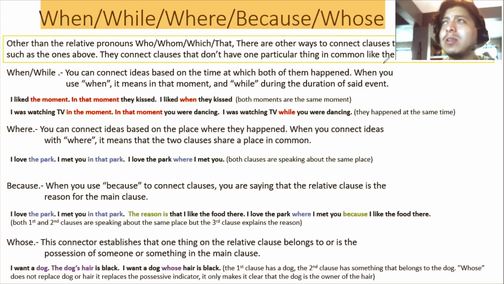They connect clauses that don't have any particular thing in common, like relative pronouns. Remember, relative pronouns are connecting 2 sentences that have one thing in common. In this case, they don't really have one thing in common, but they have a time in common, a place in common. They have something else in common, but not necessarily one element. There is not a noun that you are using as a connector.